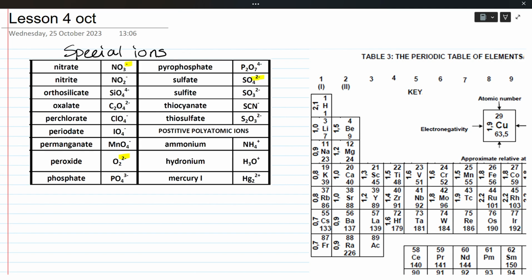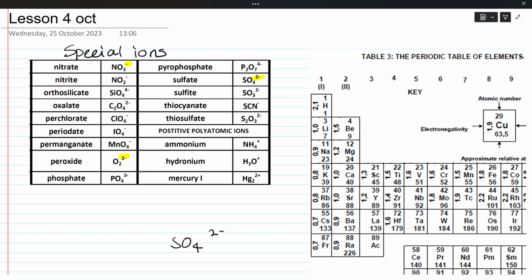So these are special ions that whenever you see these types of compounds coming out, you automatically know the charge on it, okay? This is a very important table, especially when you want to find your oxidation number, because for instance, let's say they gave you a substance like SO4.